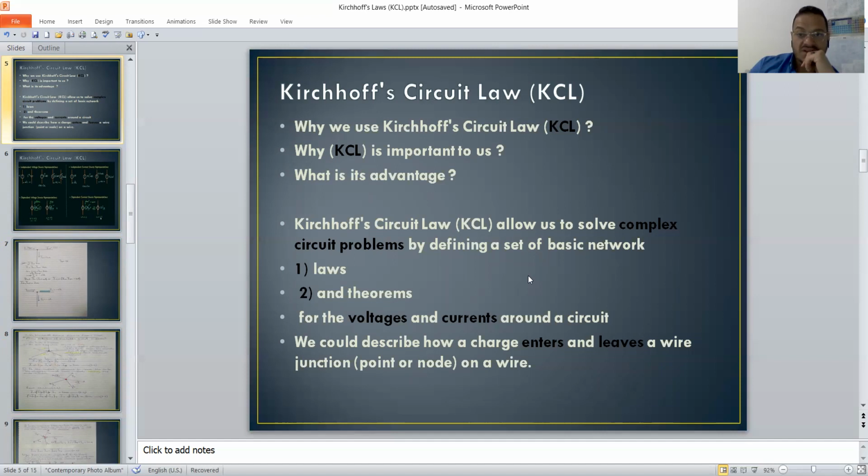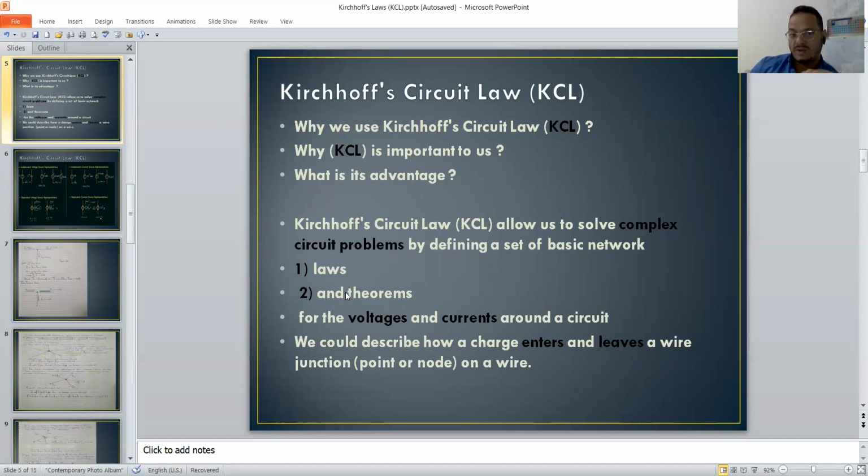Why do we use Kirchhoff's current law, KCL? Why is Kirchhoff's current law important? What is its advantage? Actually, all these 3 questions have the same solution. The first important thing, Kirchhoff current law allows us to solve complex circuit problems by defining a set of basic network laws and theorems.